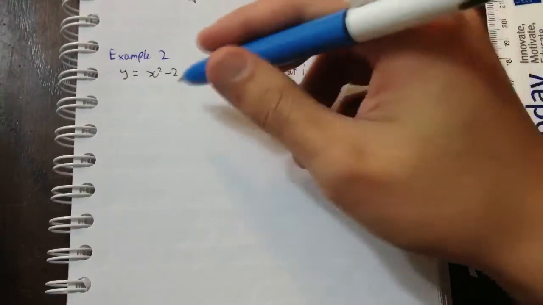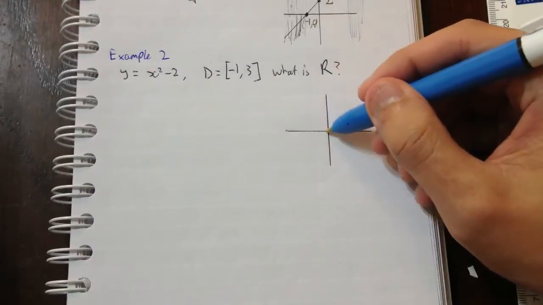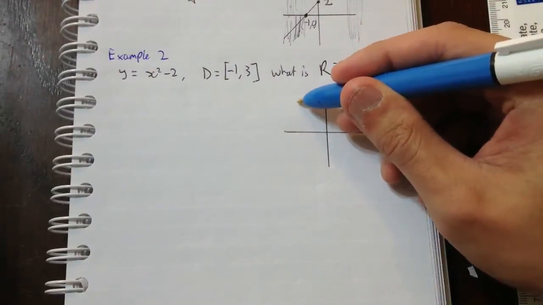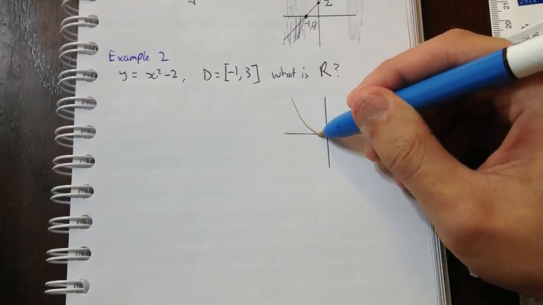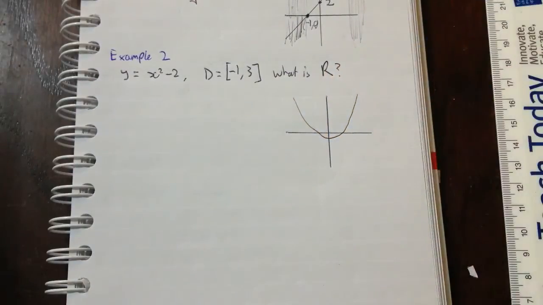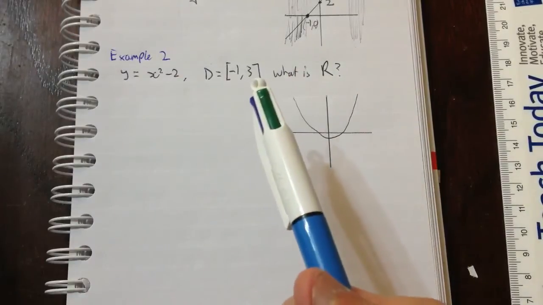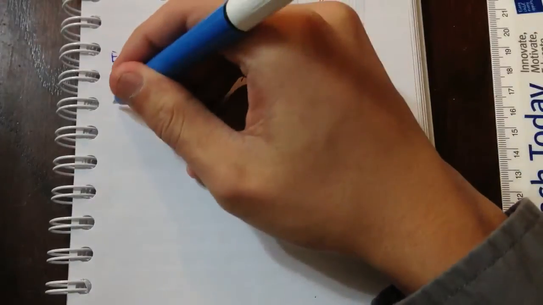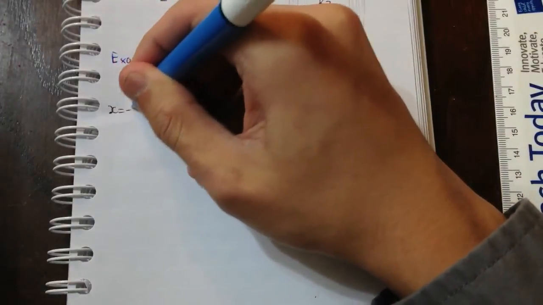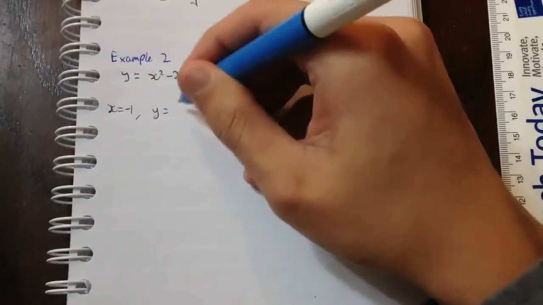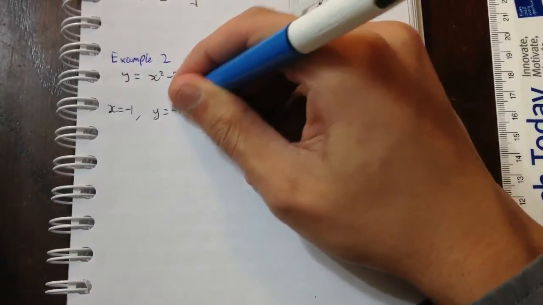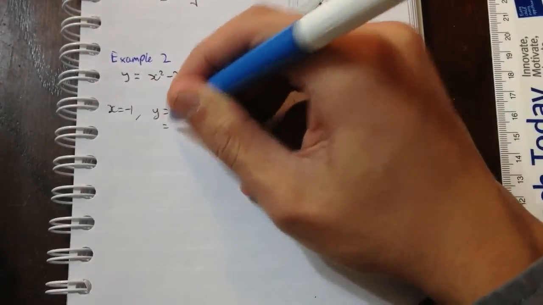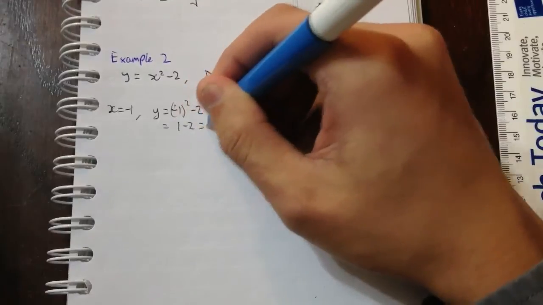For this one, what does the graph look like? x squared looks like a parabola. x squared minus 2 is just that, but a little bit lower. Now, we have our domain from -1 to 3. So let's do what we did before and sub them in. When x equals -1, y equals -1 squared minus 2, which gives 1 minus 2 equals -1.